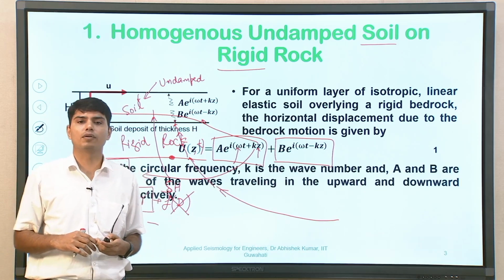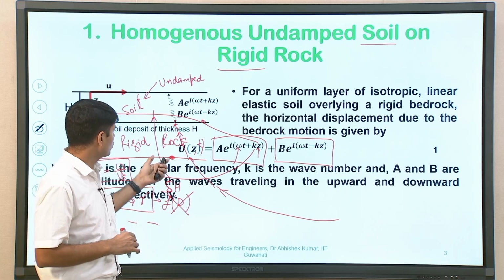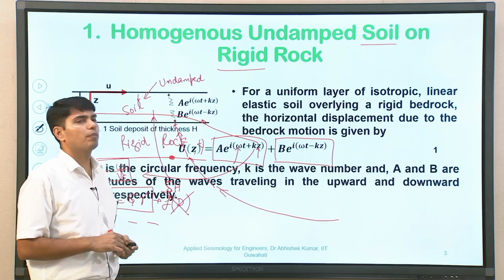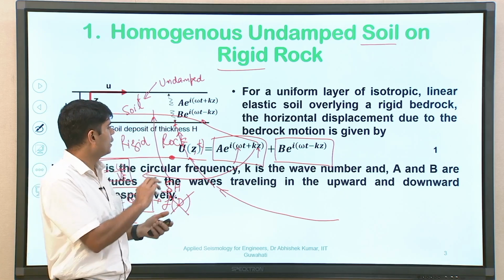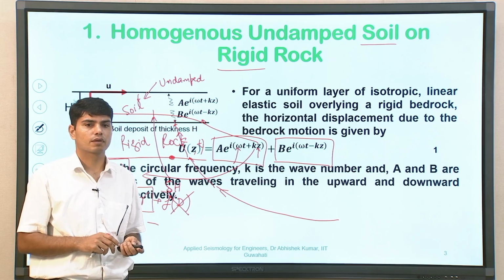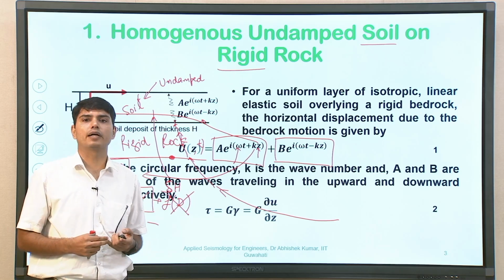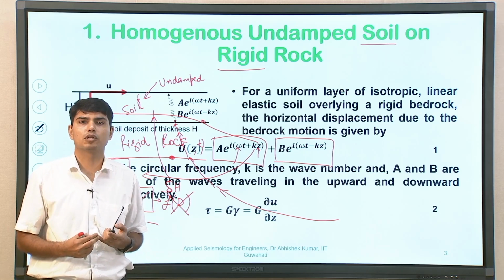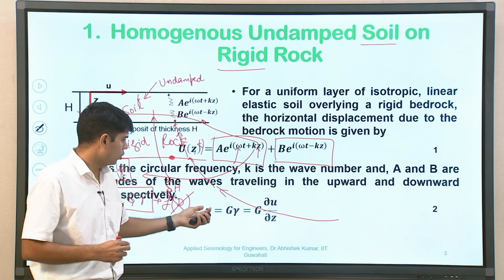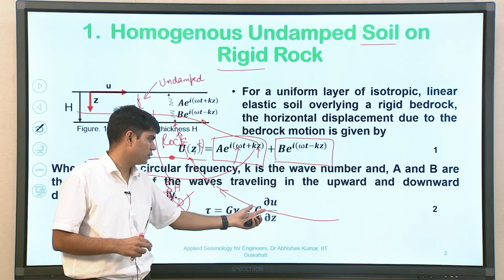Now, omega is the circular frequency, k is the wave number, and A and B are the amplitudes of the motions travelling in the upward and downward directions. If you compare these with the general equation of motion, as I mentioned, the shear stress for an undamped system is directly proportional to shear strain, and that is the only component which is going to offer resistance to the external loading condition.